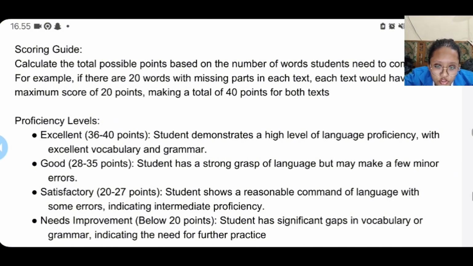The third is satisfactory, 20 to 27 points. Students show a reasonable command of language with some errors, indicating intermediate proficiency. The last, needs improvement, below 20 points. Students have significant gaps in vocabulary or grammar, indicating the need for further practice.